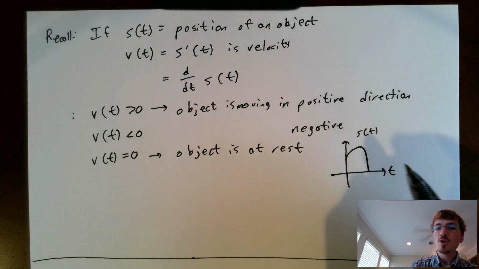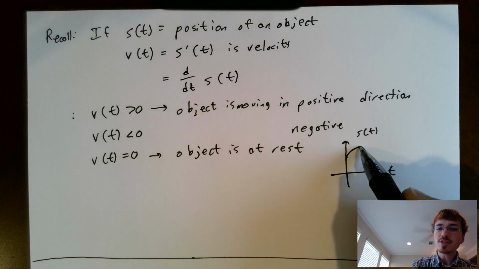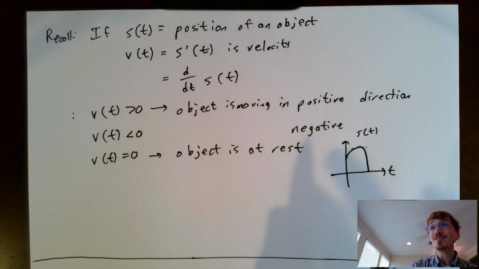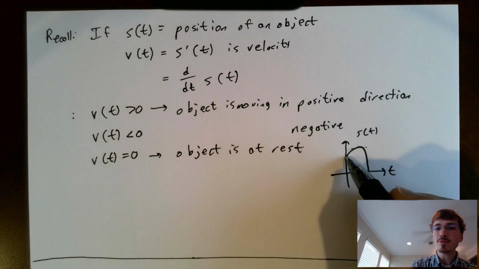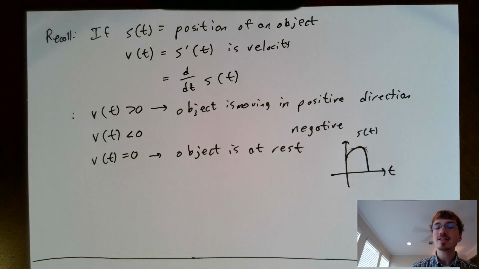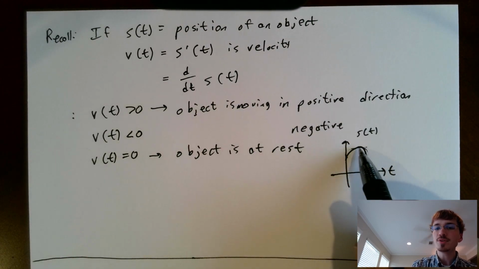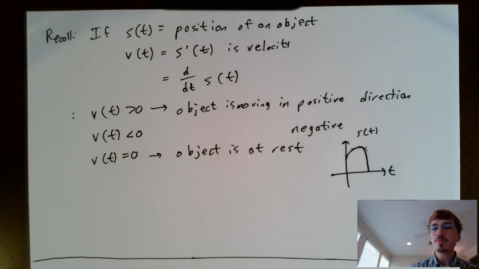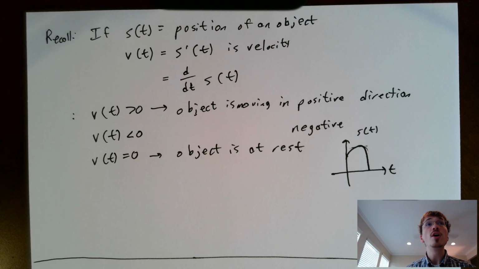We know that for an instant, the rock reaches its maximum here, and it's stopped for an instant. It goes up, up, up, stops, and then it begins to fall. But for the instant that the velocity function is equal to 0, that particle has stopped. It has 0 velocity.